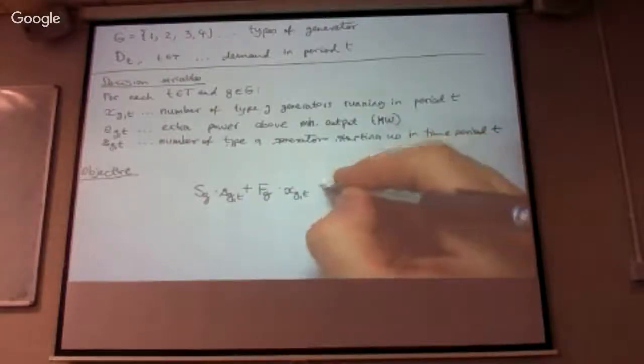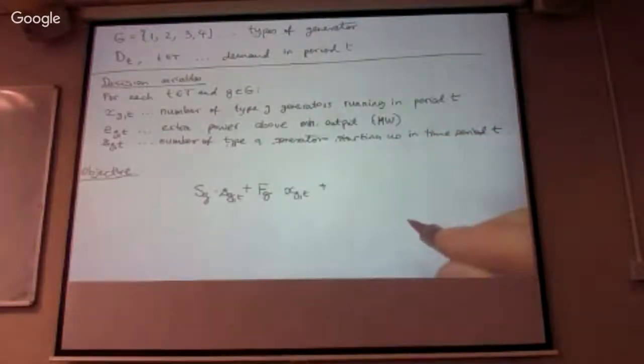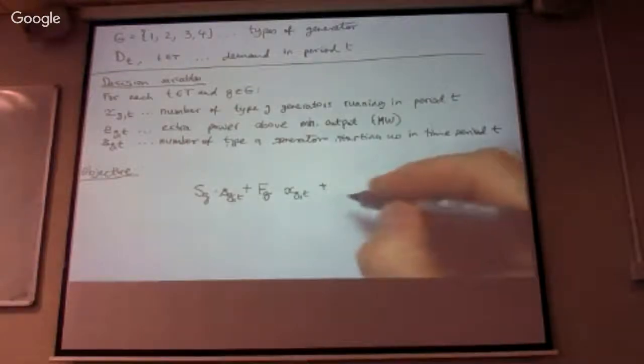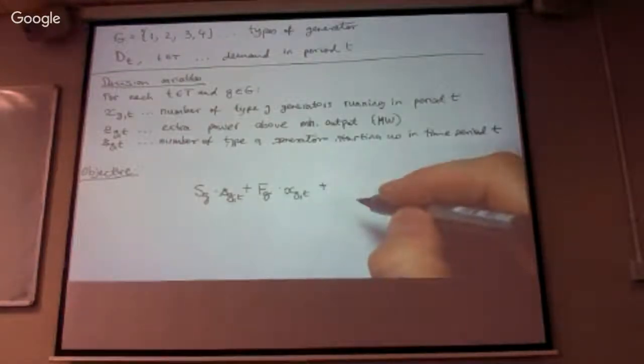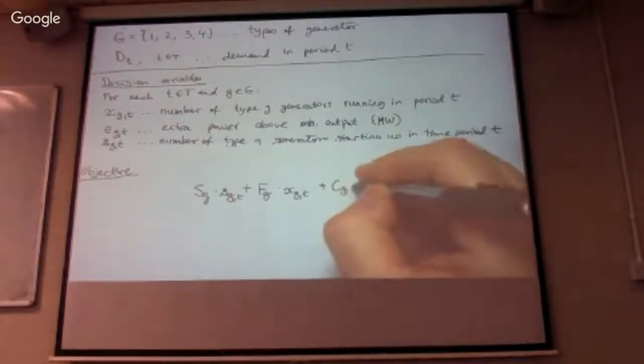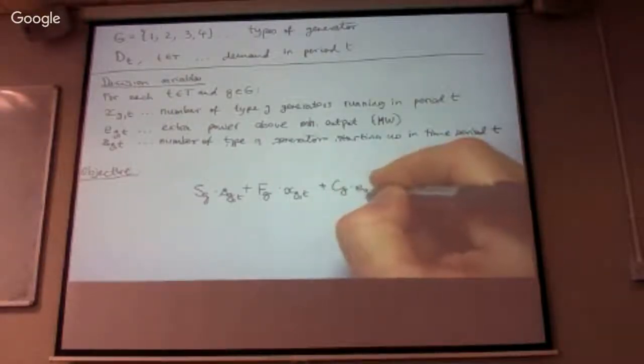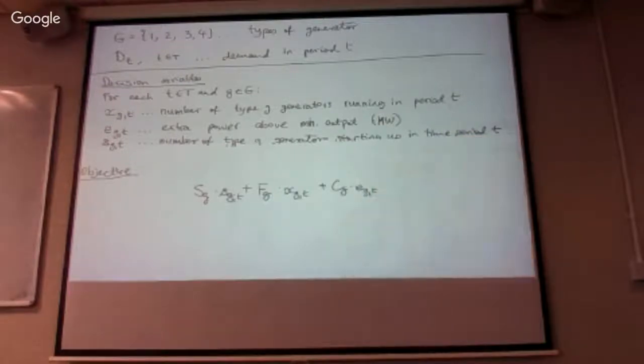And then last one is, so that was CG, and then okay, so for every type in each time period, this is the cost. Is it? I think it is. Oh, no, it's not.